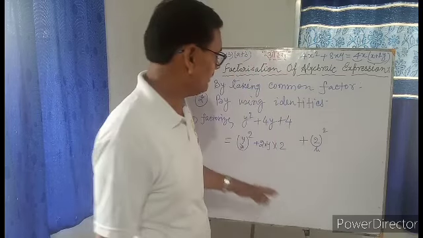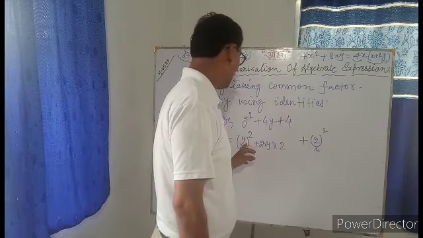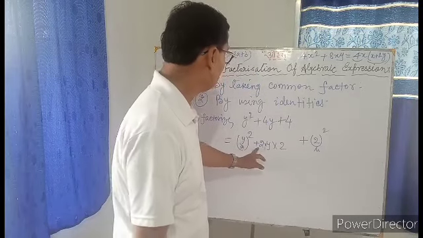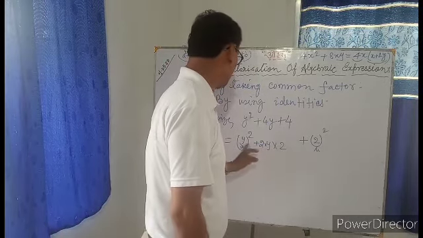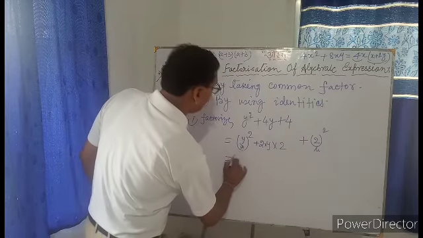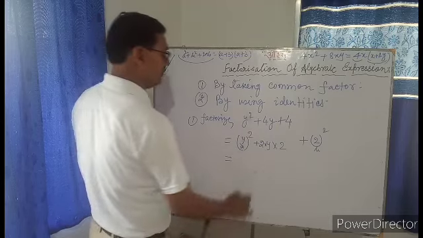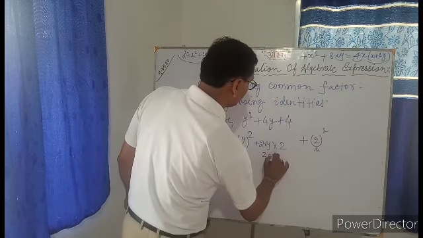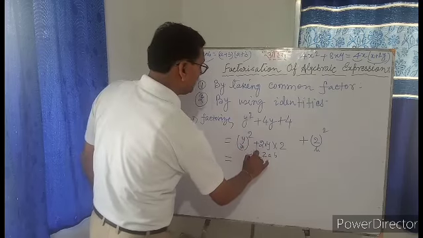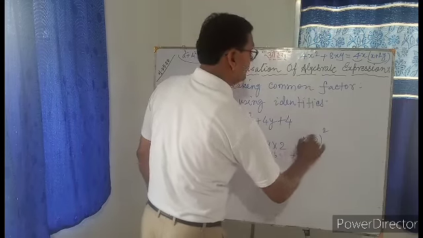Now let us forget the middle term. If we have recognized a and b, the middle term can easily be written. It is 2 into y into 2, that is 2 into a into b. So it has come on the formula a square plus 2ab plus b square.